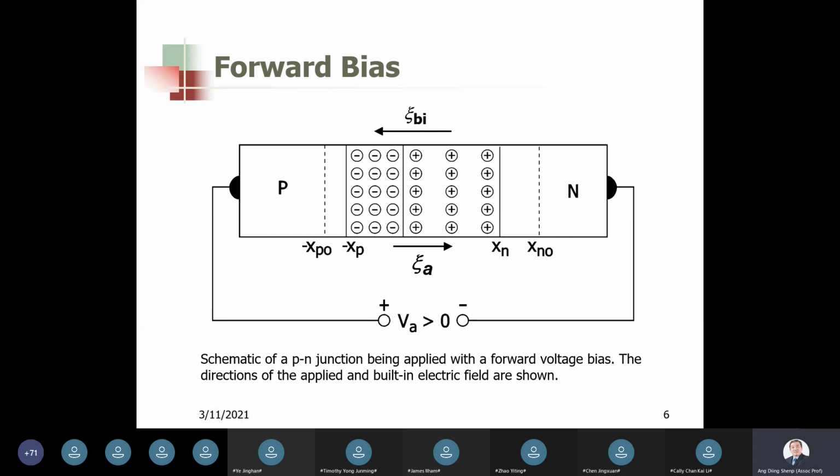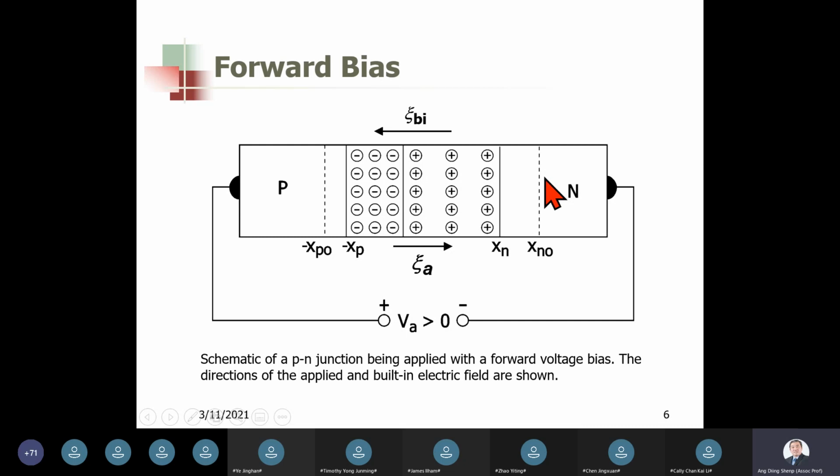Okay, so since there is now a smaller junction electric field under forward biasing, the width of the depletion region will decrease because now only a smaller amount of space charge is needed to support the smaller junction electric field. So this decrease in the width of the space charge region is shown here.